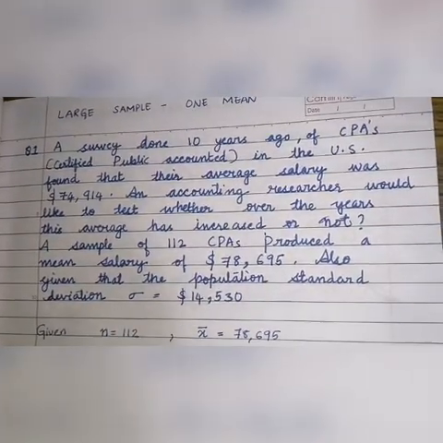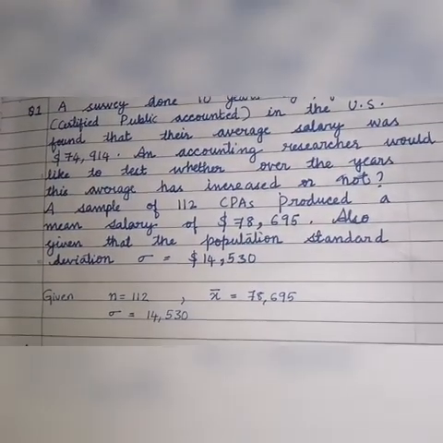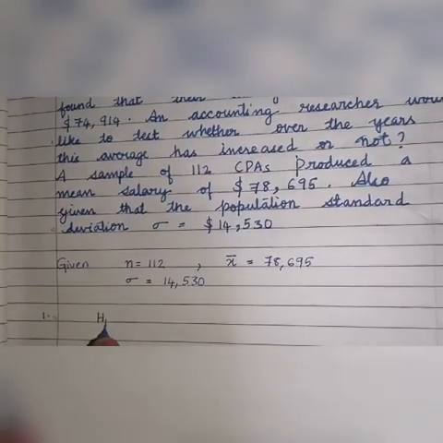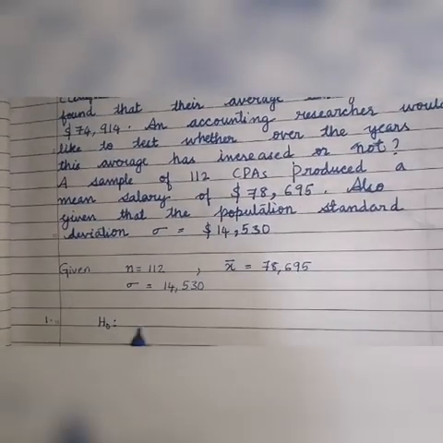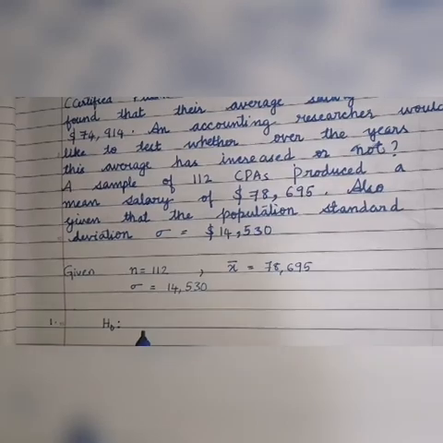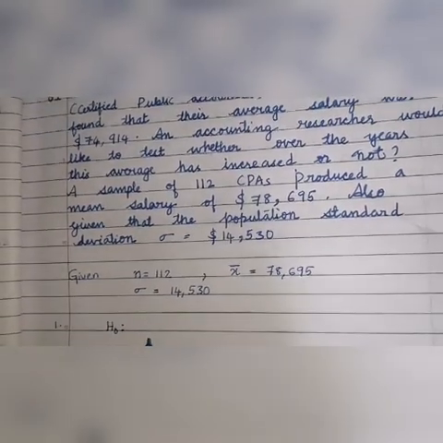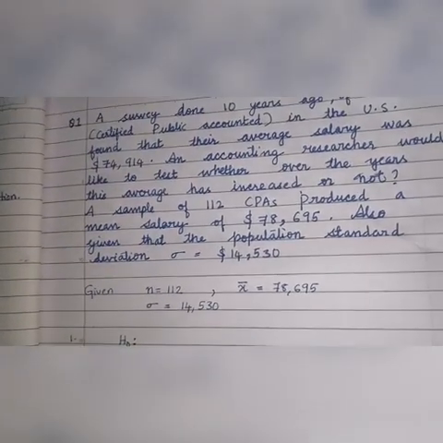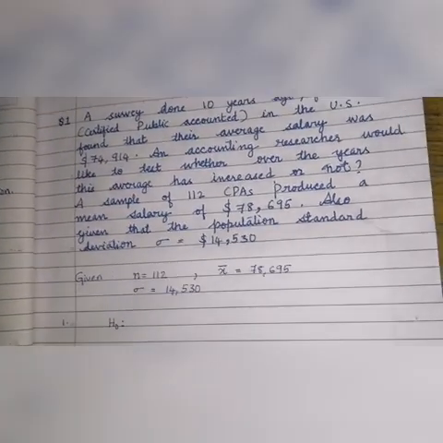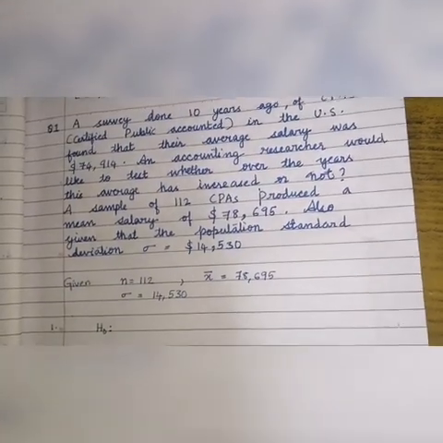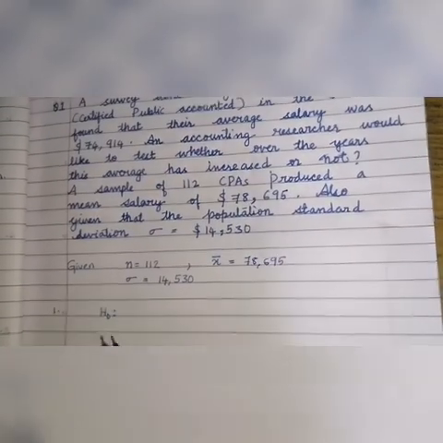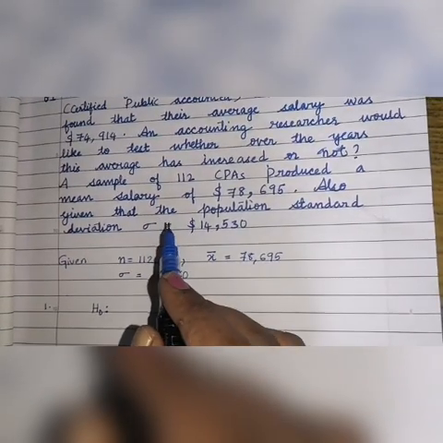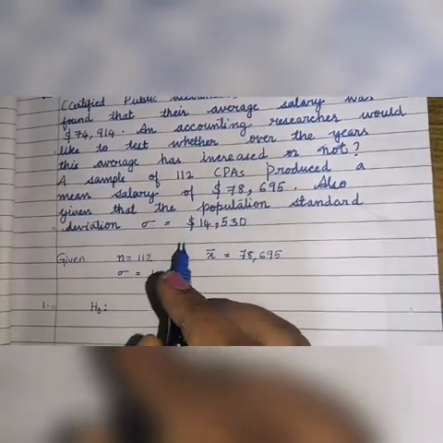So basically, the first step is to frame the null hypothesis. Step 1. What they are asking us is if the population average salary has increased from $74,914 or not.